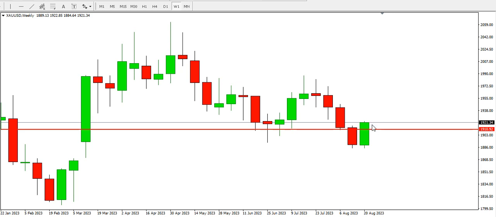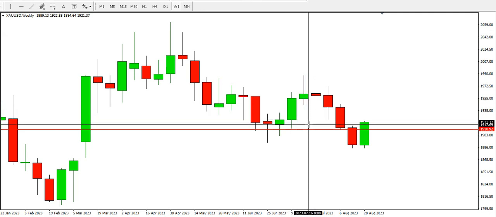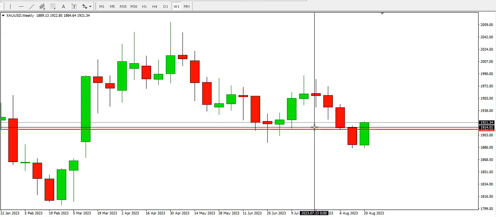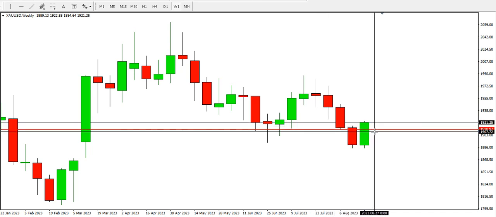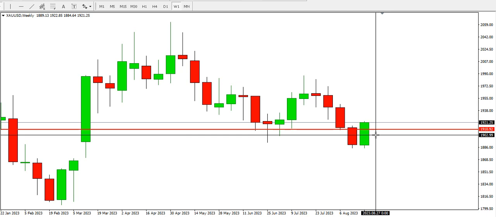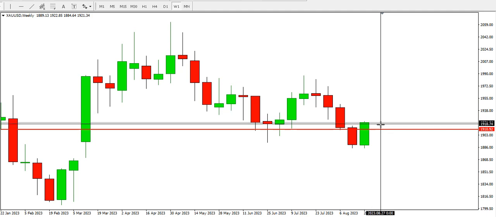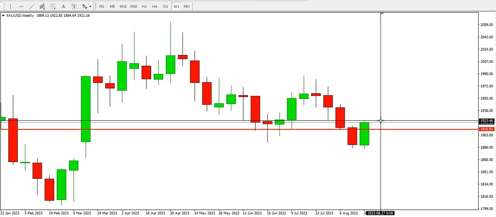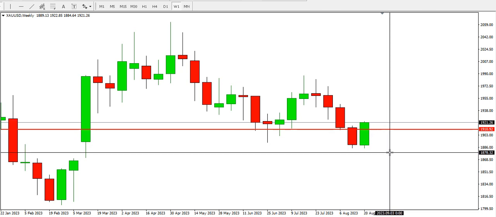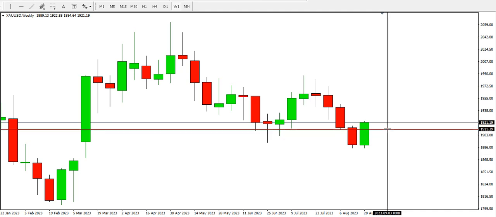But if it retraces back around the opening point of last week, if we see price closing with the week around this point, I'm talking about the 1914 area, we might see price pulling back a bit to the 1900 level before going up, or we might see price go up a bit to this particular week's high before continuing the downward leg. So it's going to be a tricky one.